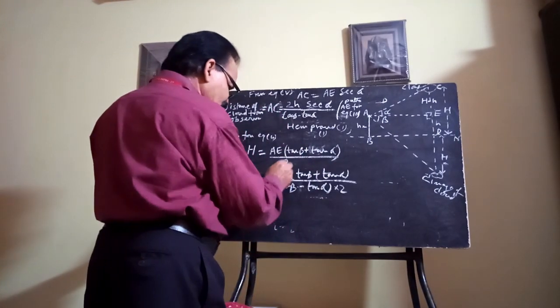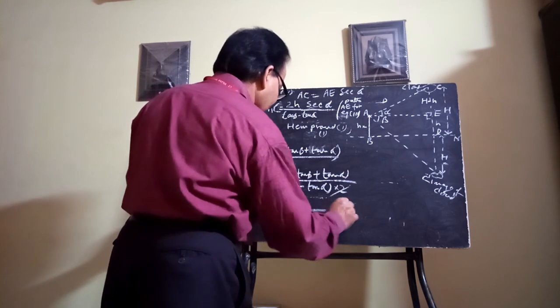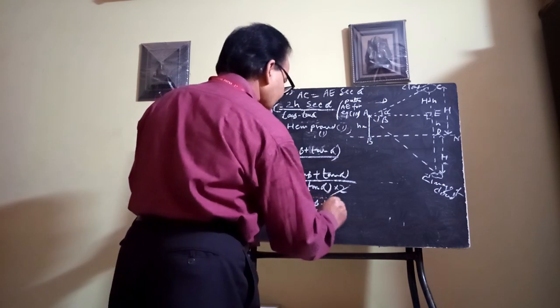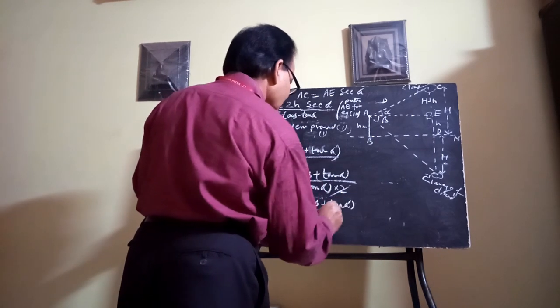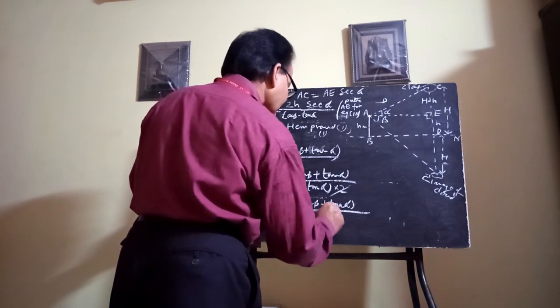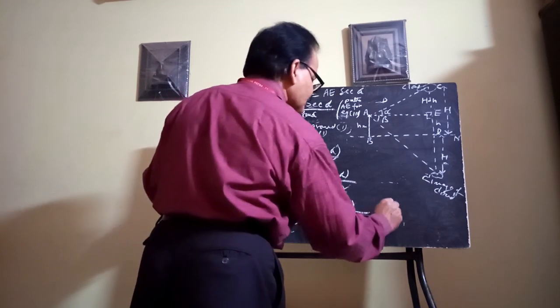So these two 2s cancel each other. So this will be h into tan beta plus tan alpha divided by tan beta minus tan alpha. Clear? Hence proved 2.